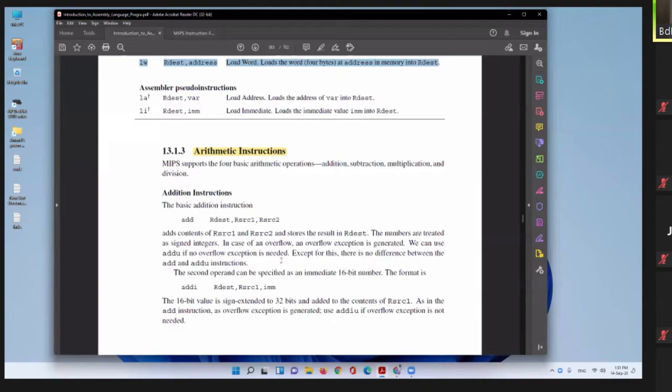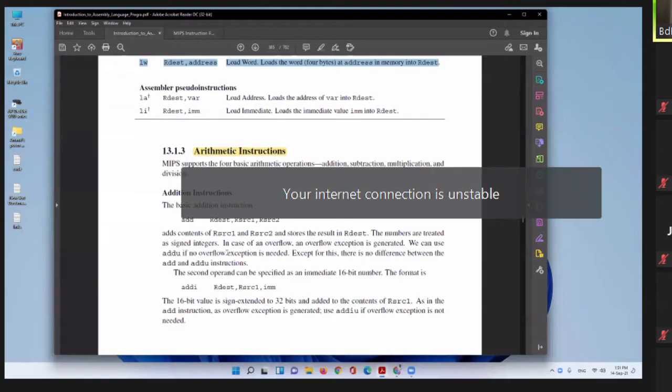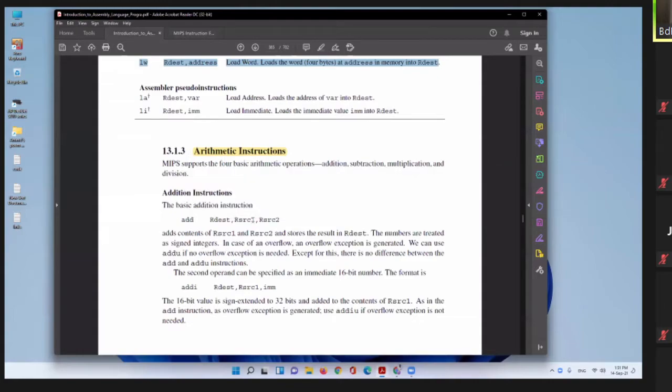In addition, of course, we have three operands. Source 1 and source 2 are added to each other, then stored into the destination register. We have two other types of addition, which are addI and addU. AddI is for an immediate, and we have another one called addU.